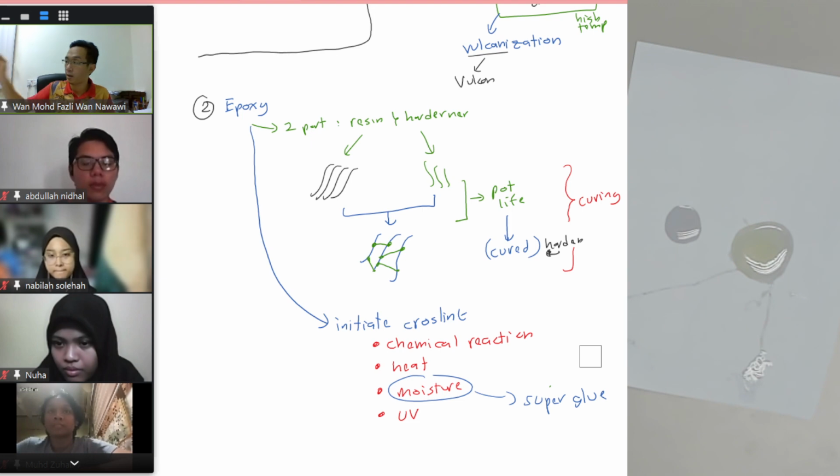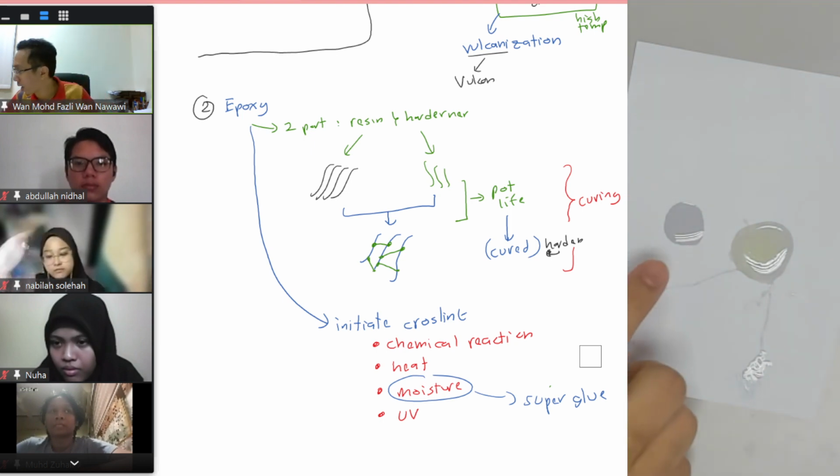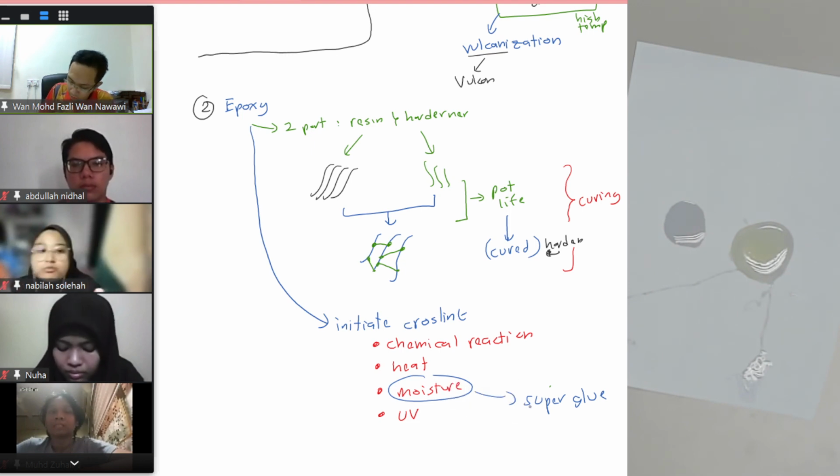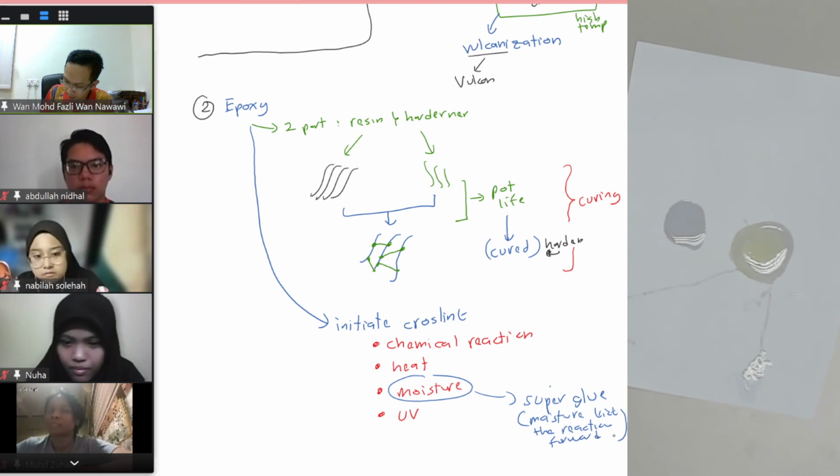Because of that, it will harden. The cross-link happens because of the moisture. The moisture kicks the reaction forward. That's why inside the tube it will not harden, but once you put it outside, it will harden. So that's about super glue.